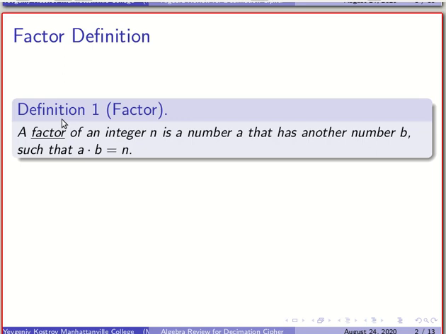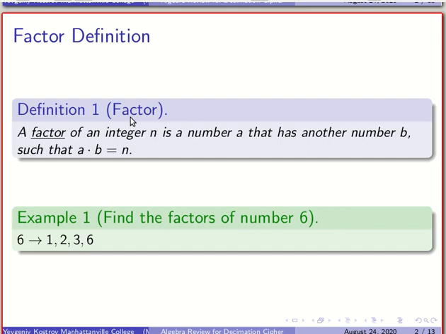A factor of an integer n is a number a such that some other number b exists, so that if we multiply a and b together, we're going to get the original number n back. So let's look at the example. In this example, we would like to find factors of number 6.